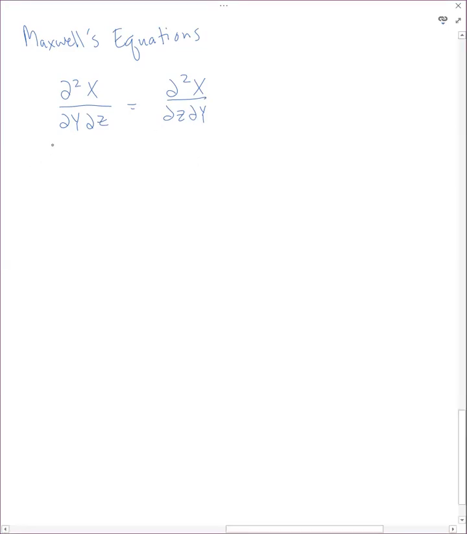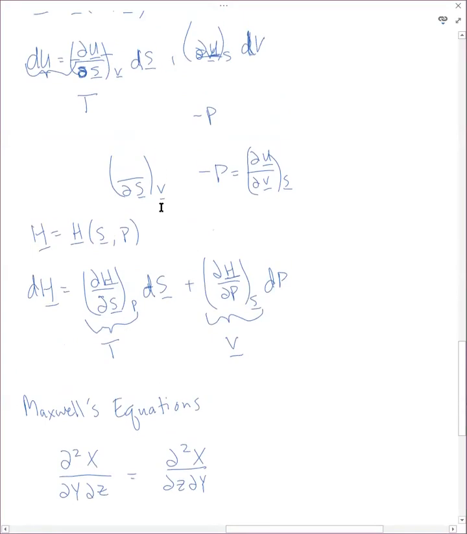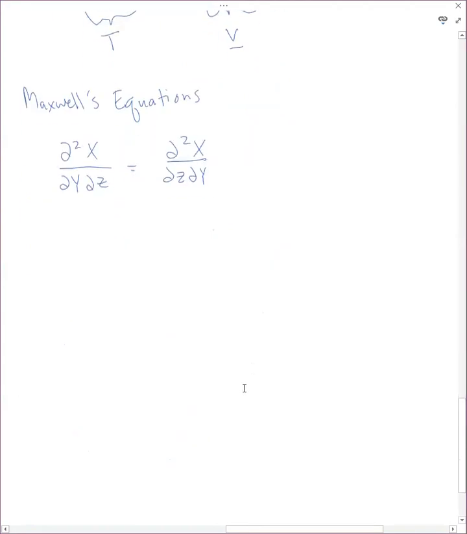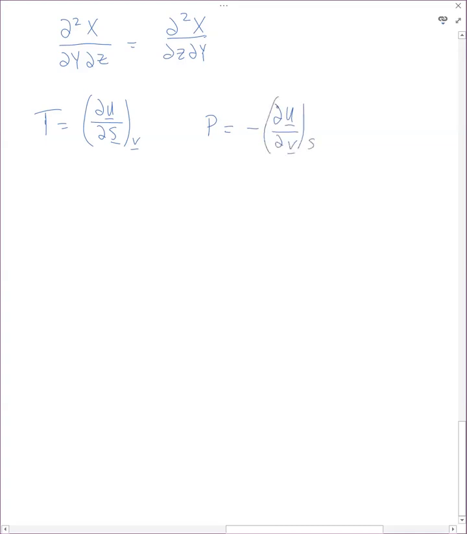So taken from above, I'm going to take the two properties that I got from the fundamental property relationship for internal energy. So from above, I got that T is equal to the partial of U with respect to S at constant V, and I have P is equal to minus dU/dV at constant S. So now I'm going to take the second derivative of each one of these terms with respect to the other variable.